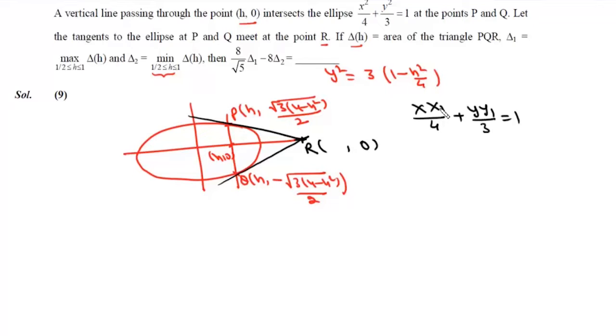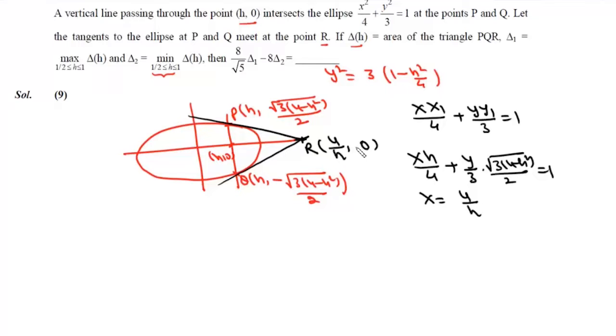In this case, x1 is this h, so it will be xh by 4, and then it will be y by 3 into root 3 4 minus h square by 2, and it is equal to 1. Now for the x-axis we'll put y as 0, then we'll get the value of x as 4 by h. So this point R will be 4 by h, 0.